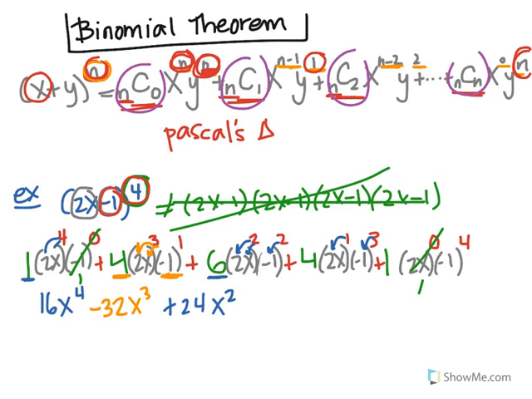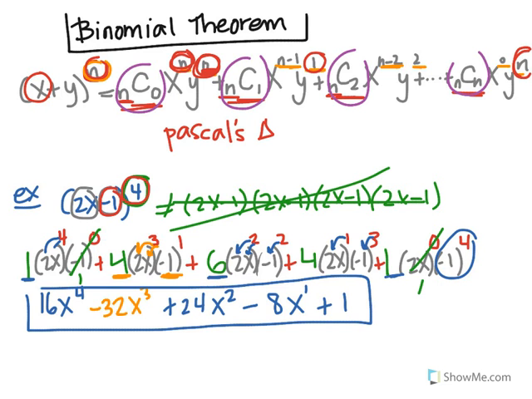Well, negative 1 cubed is negative 1 times that 2 is negative 2, and then times that 4, which is negative 8. And then I get x to the first. And last but not least, a negative 1 to the fourth times a 1 is a positive 1, so I get plus 1. So here's your final answer expanded. So if you were to do FOIL for this, you would end up getting this if you did it correctly. This is just a shortcut way of doing it.